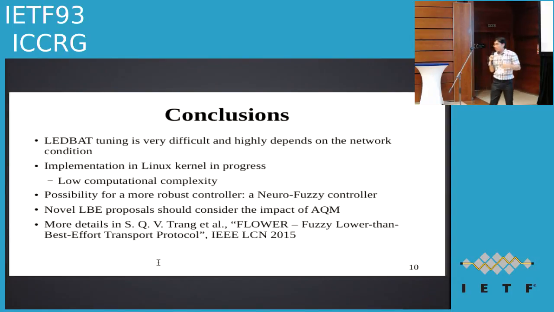Once again, I want to stress that Flower has low computational complexity, and there is a possibility of a more robust controller, which would be more LBE compliant, using a more refined fuzzy controller. I also want to suggest that novel LBE proposals should consider the impact of AQM. For more detail about Flower, please refer to our article, soon to be available online.